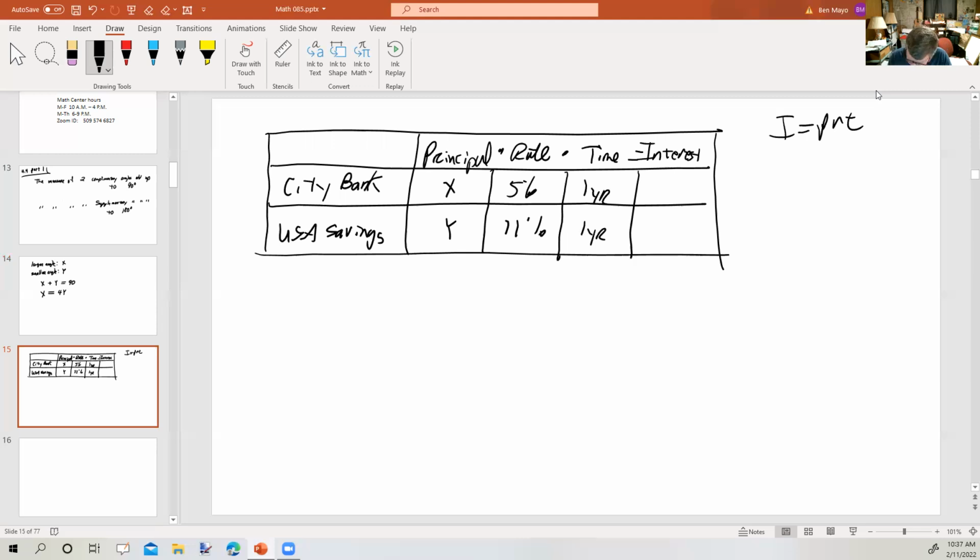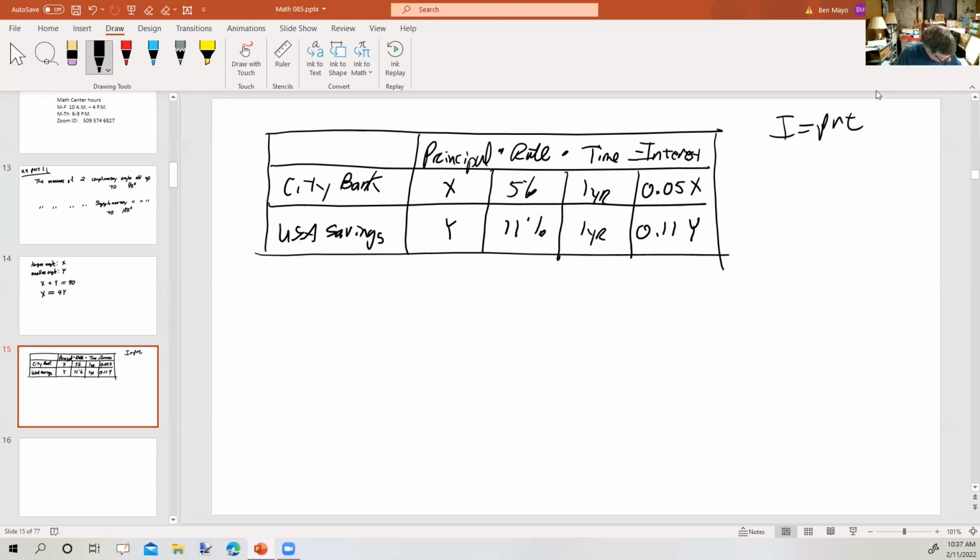Well, if P times R times T equals interest, then X times 5% times 1 year would be 0.05X. I converted the 5% into a decimal number, so 5% would be 0.05 times X times 1, which is 0.05X. Any questions there? All right. Likewise, the bottom one would be 0.11Y.